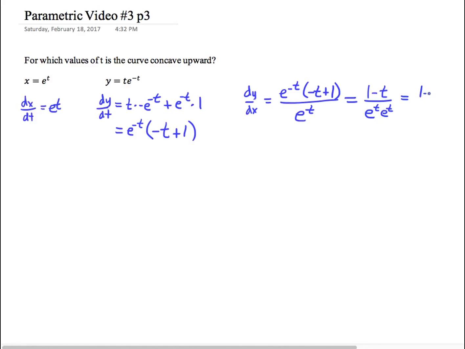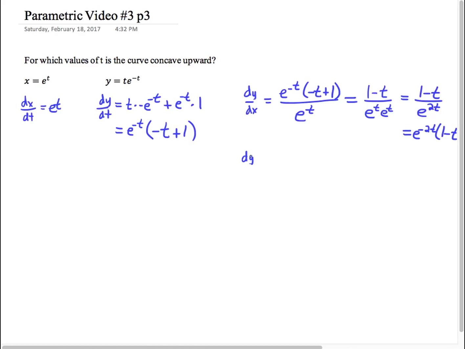So just to be real clear about that, that's going to be 1 minus t over e to the t plus t, which is, of course, 2t. So if you want to write that as e to the negative 2t, you can. I think I just will, because that's going to be nice when I need to take another derivative here in a moment, because we're going to look at concavity, right?